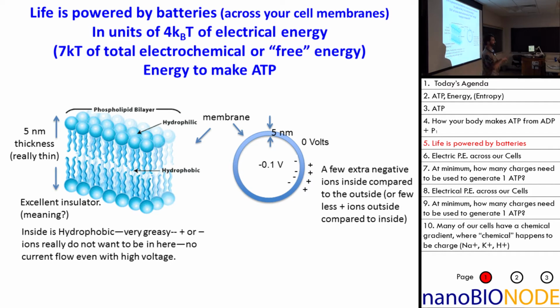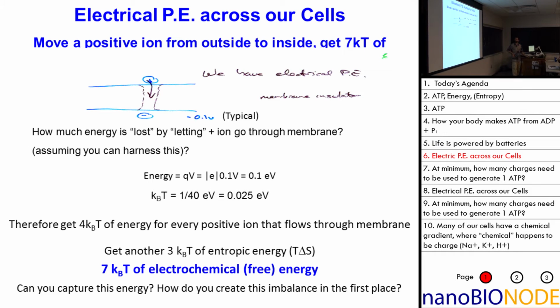It varies somewhat from like minus 60 or so to minus 120, but basically there's a negative charge on the inside of your cells. And that is what powers everything. So again, typically about minus 0.1 volts.